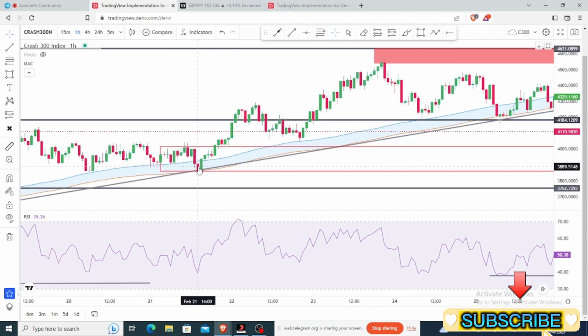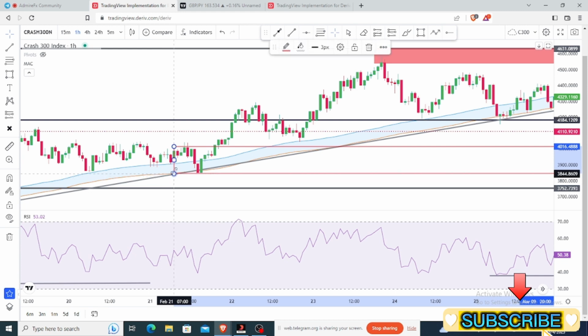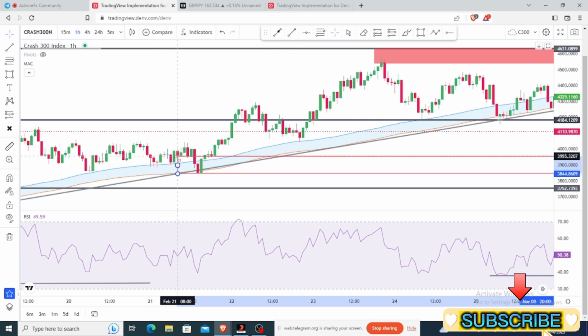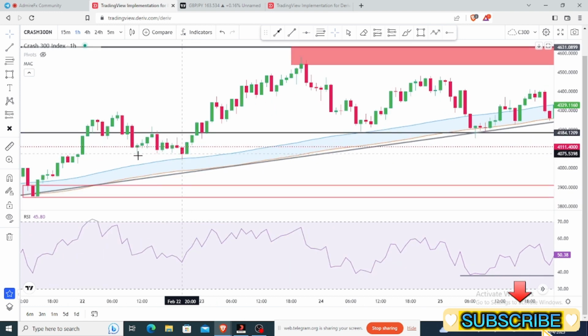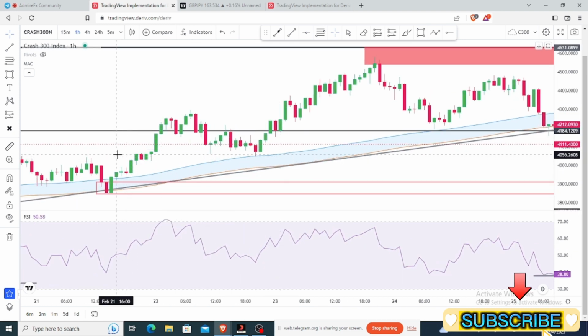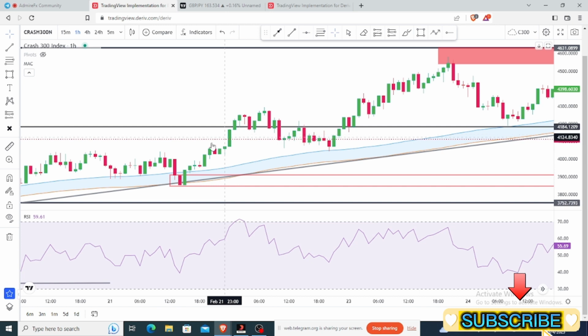For you guys that understand how an order block works, an order block is actually the last candle, the bullish move that comes to cover, or engulf, the previous candle before the massive move to either the upside or the downside.